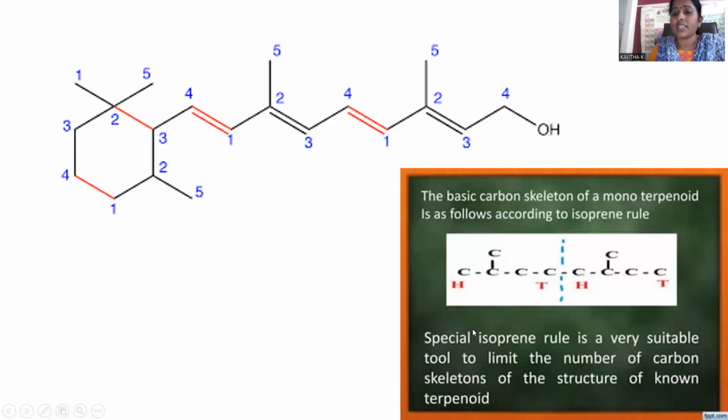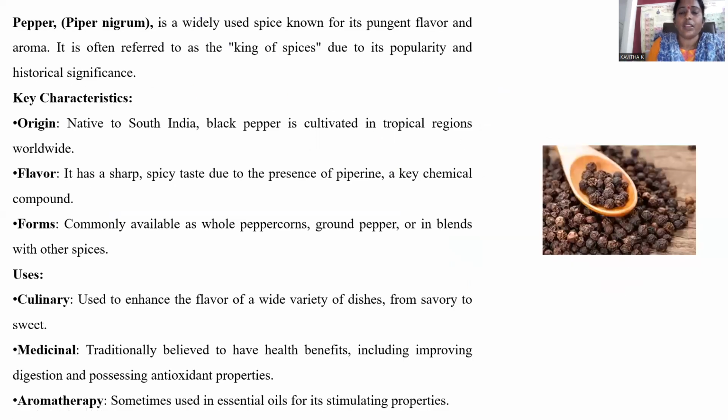A special isoprene rule is also present, but generally we will go with head to tail and tail to head kinds of arrangement. This is called the isoprene rule. So by that isoprene rule, we observed related examples.